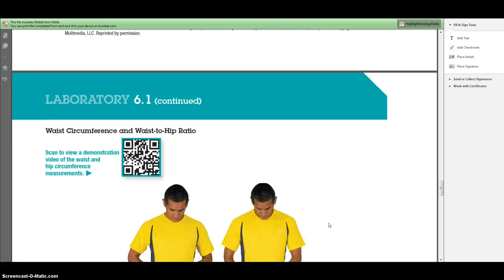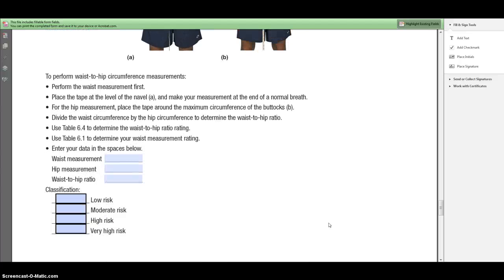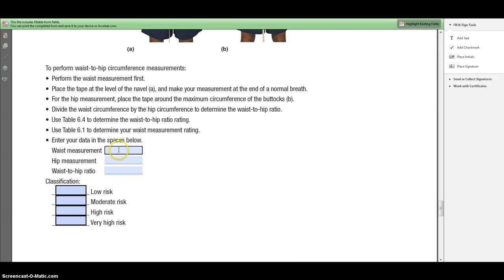So now that you've done that, you notice that we have waist to hip. I did these for you in class as well. I gave you 2 numbers. We're going to put in our waist measurement. All right. So for my waist, I was 31.